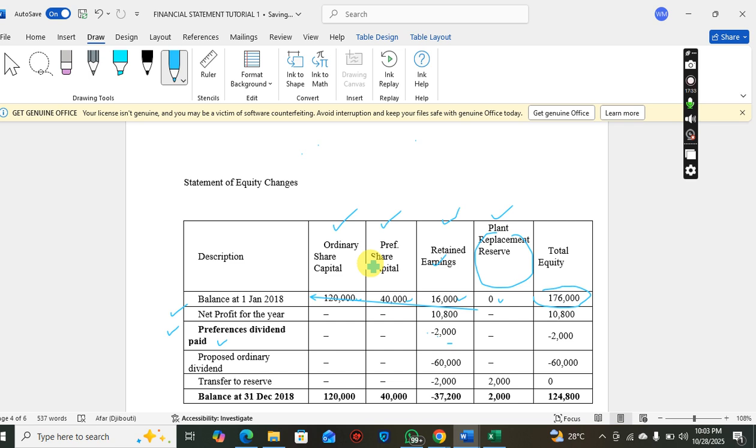Ordinary share capital and preference share capital are affected when shares have been issued. If they've been issued, then you'll be dealing with these sections. But the majority of the time you'll be dealing with retained earnings, because this is the money that has been kept as profit, and it's the one that's going to be used.